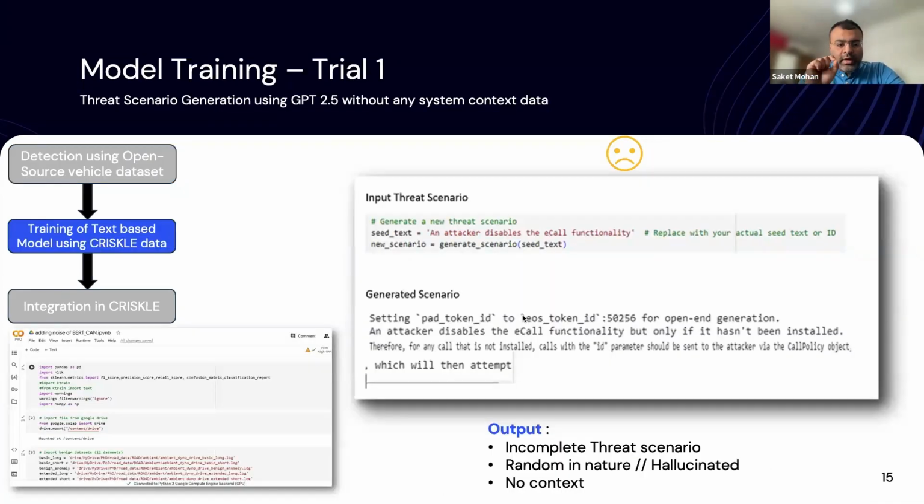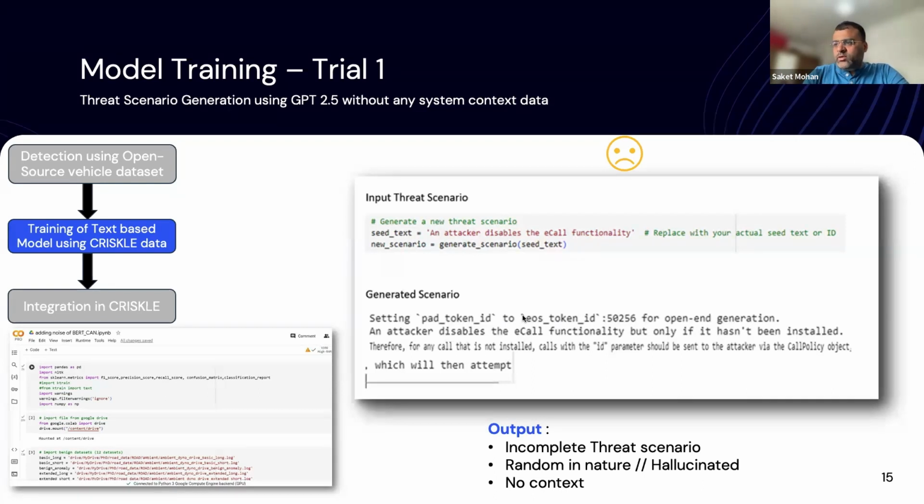Right. So when doing trial one using that particular model, we fed in the threat scenarios, as you can see on the screen. These threat scenarios were written in Jupyter Notebook using our CRISKLE application. It was able to derive some context, but it was not complete in its entirety.